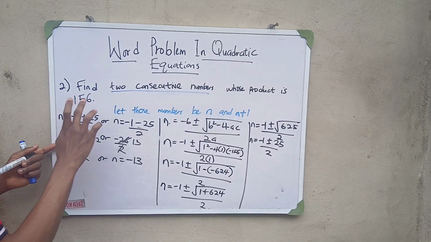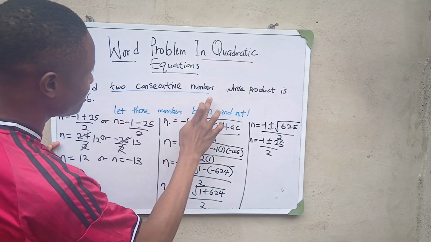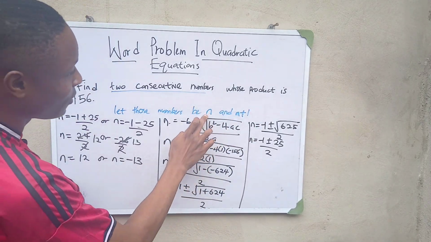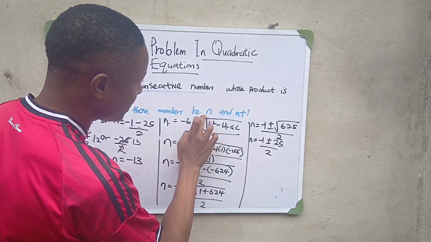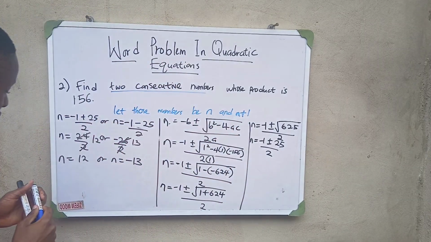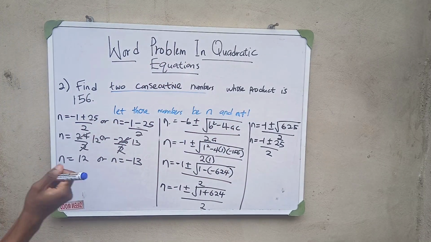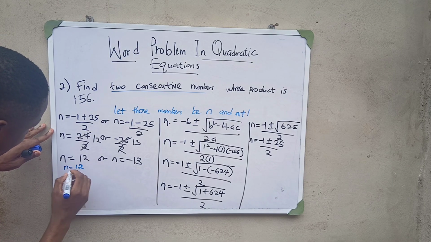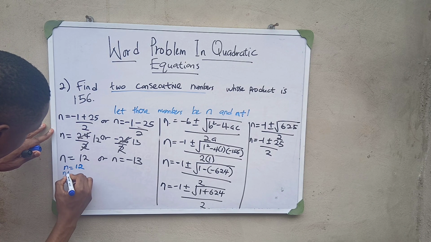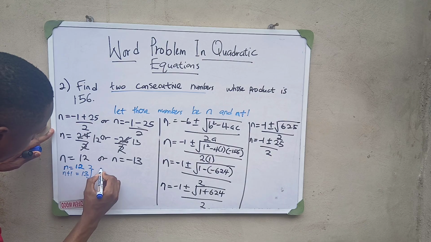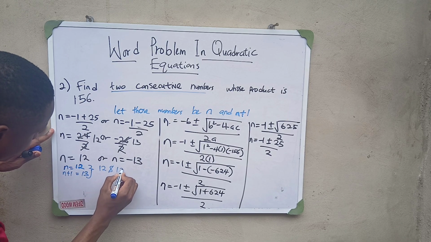Remember, it says find two consecutive numbers. Remember, we put our first number as n and our second number as n plus 1. So those two consecutive numbers, when n is 12, the next number after it is n plus 1, which is 13. So when n is 12, our two consecutive numbers are 12 and 13.